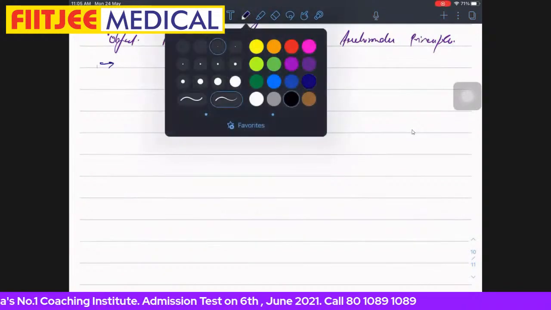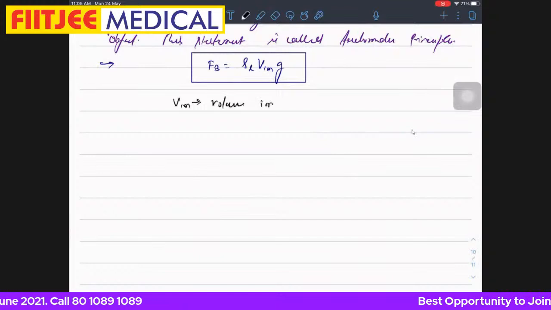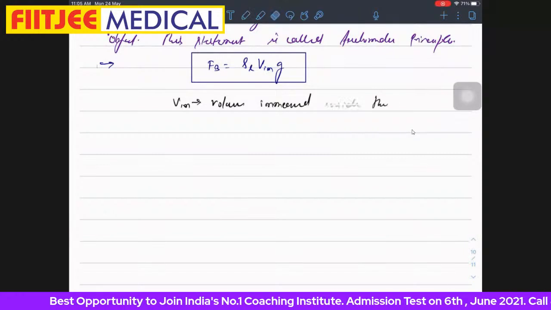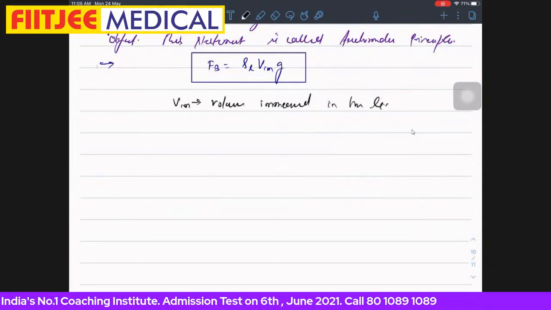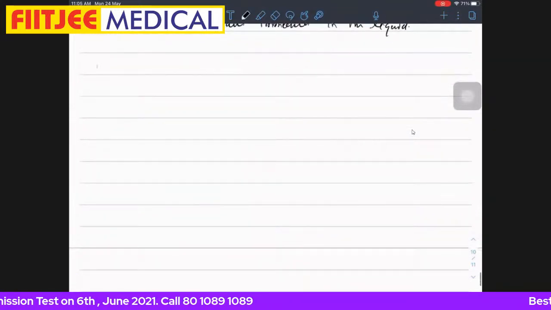The volume immersed inside the liquid. I'll explain this concept with an example.